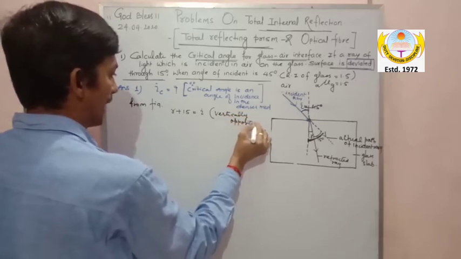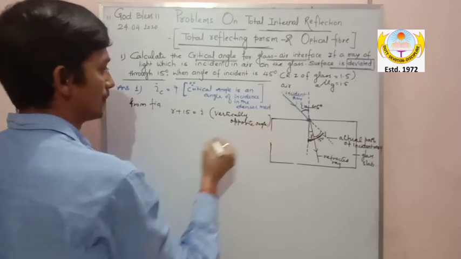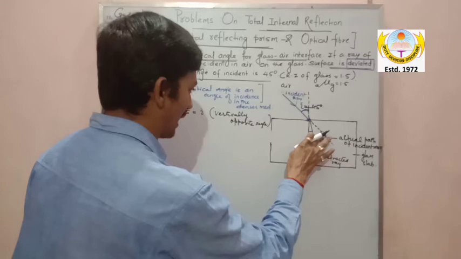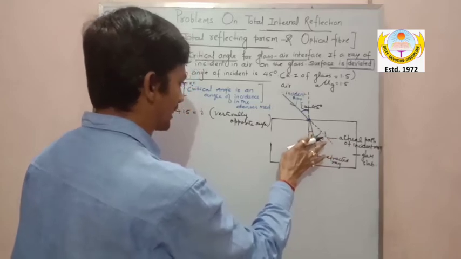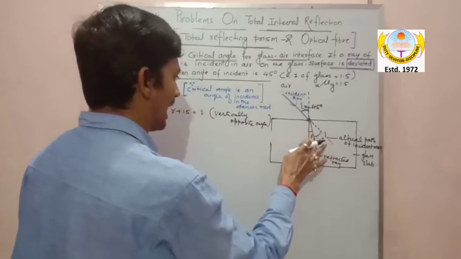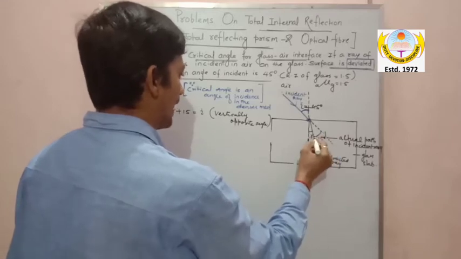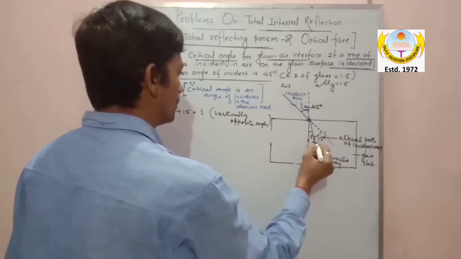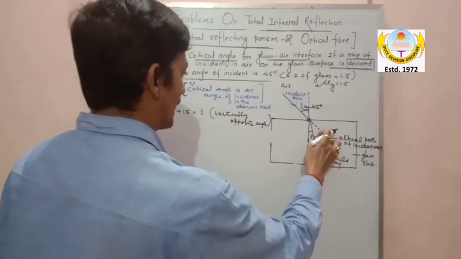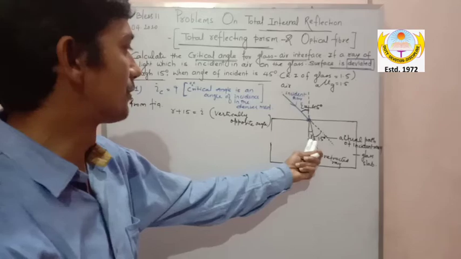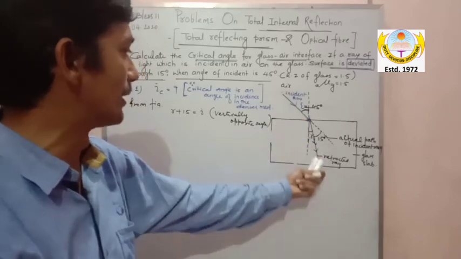Vertically opposite angle, you can see. I am not actually drawing, but you can understand how the angle I is equal to R plus 15, because vertically opposite it is.